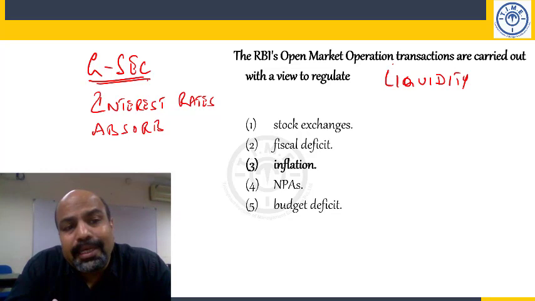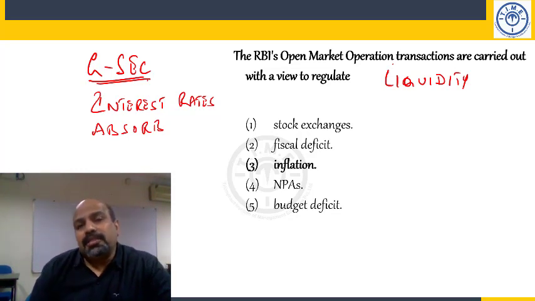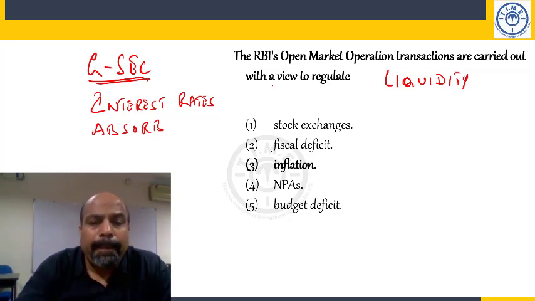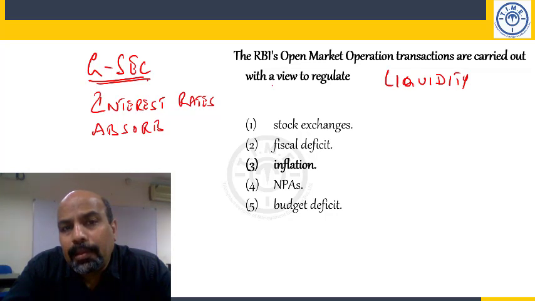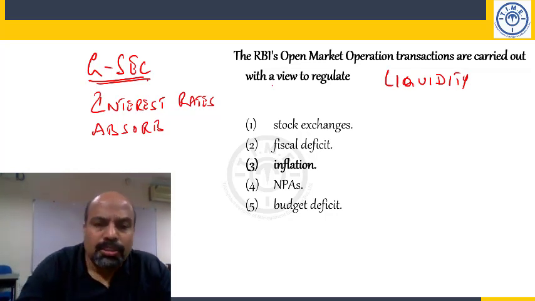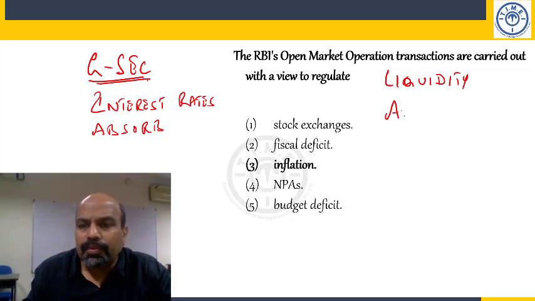To absorb excess money supply, the RBI sells government securities via auctions, Nilami.